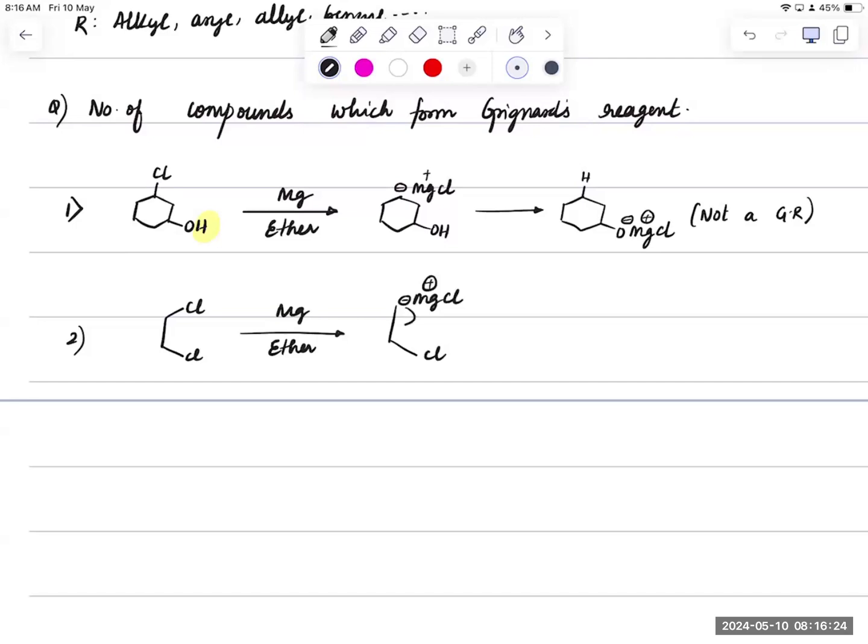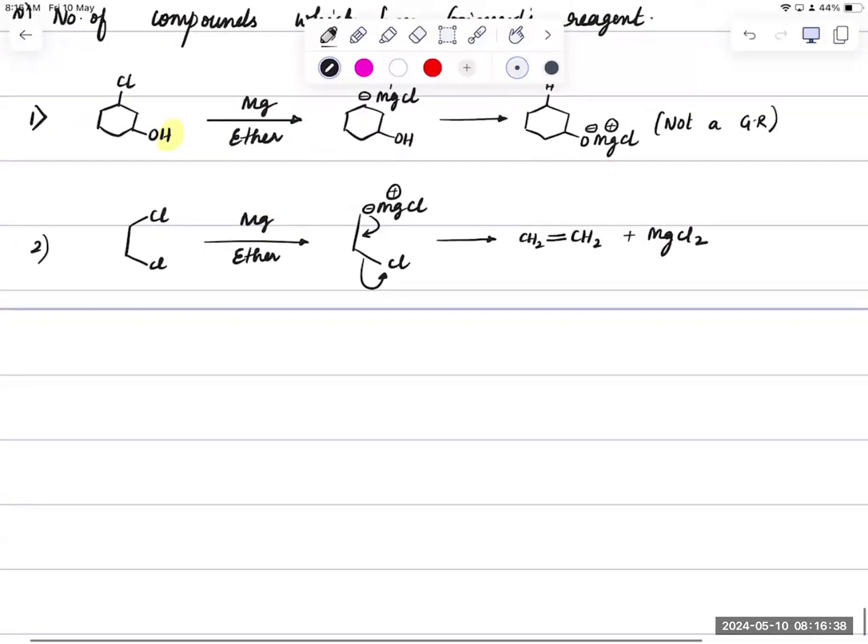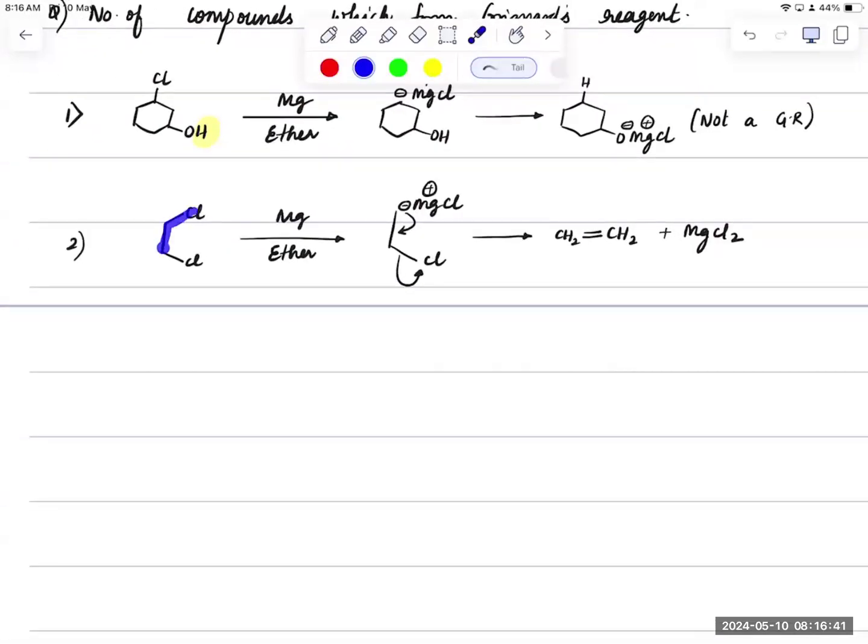So internally, this negative charge will push and try to remove this chlorine. Thereby, we will actually get CH2 double bond CH2 plus MgCl2. So we are not getting a Grignard's reagent here either. Clear? So if you have two chlorides, two bromides adjacent to each other, then also you will not have any Grignard's reagent formed. Okay.